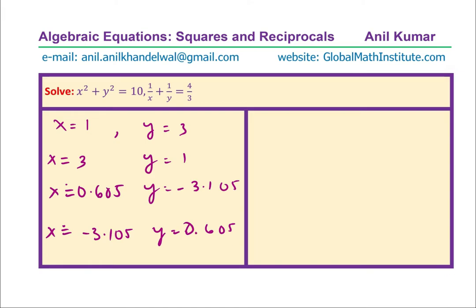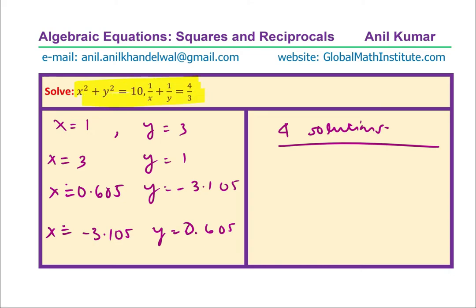You see that? So there are 4 different solutions for this particular equation. Perfect. So we have 4 solutions for this particular equation.